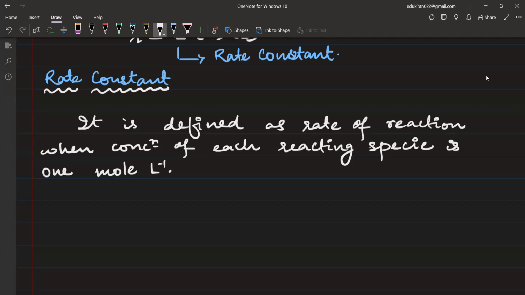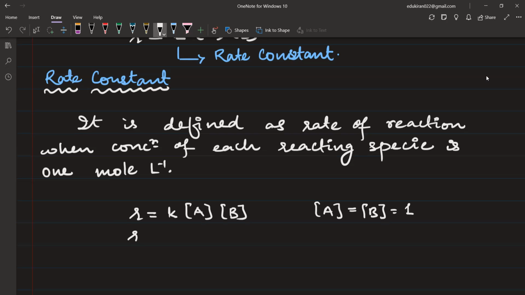Okay. So rate is given as what? According to the law of mass action, K into the concentration of A into the concentration of B. Now let us suppose the concentration of A and the concentration of B both are equal to 1.